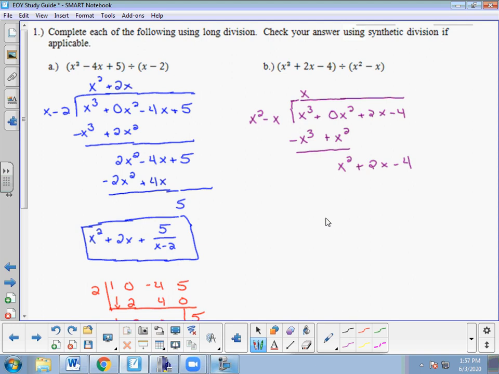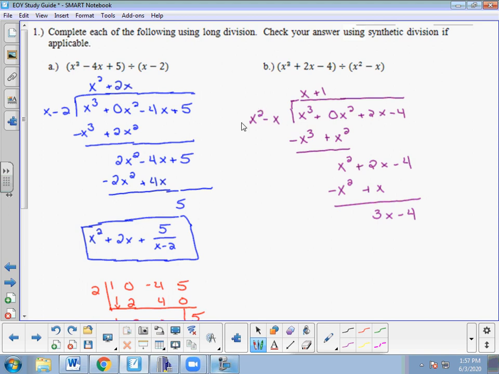So multiply by 1. X squared times 1 would give me x squared. So then take that quotient 1 and multiply by x squared and negative x. So this would give me an x squared minus x. I'm going to subtract both of those, so I change the signs. And what that leaves me with is 3x minus 4.